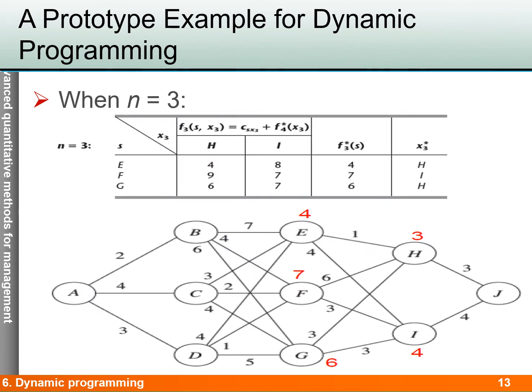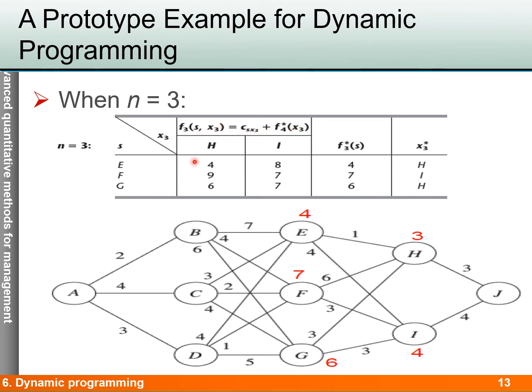Following the previous table, when we were here at this point, we now want to move toward stage 3, when n is equal to 3. At this stage, again, we need to form this formula that we have here.